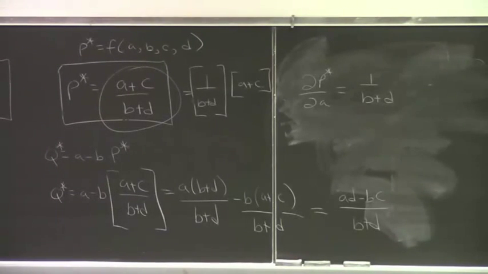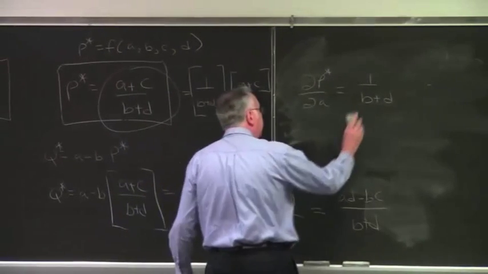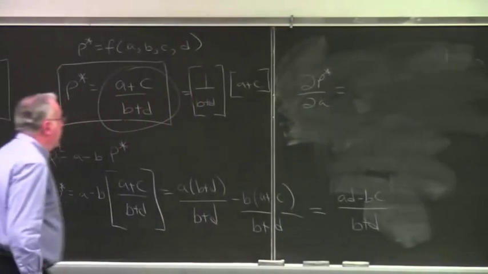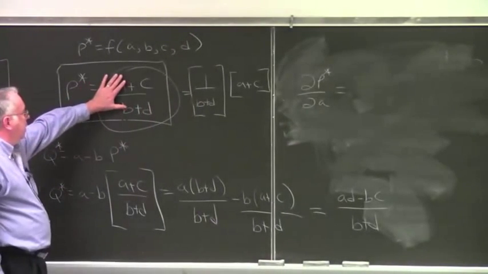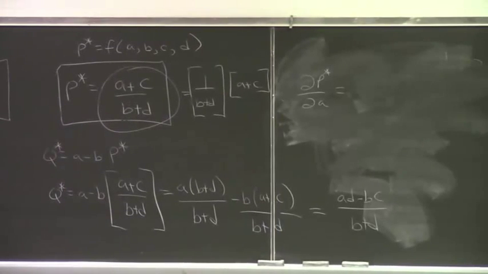Alternatively, you could have got the same answer using the chain rule. Let's just illustrate that. Suppose you didn't see that, and you just used the quotient rule. Go back to this expression right here. What is the derivative of the numerator with respect to a? Jonna?